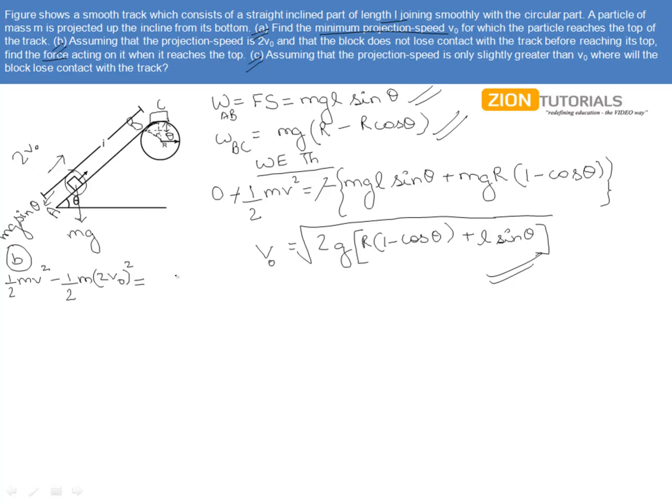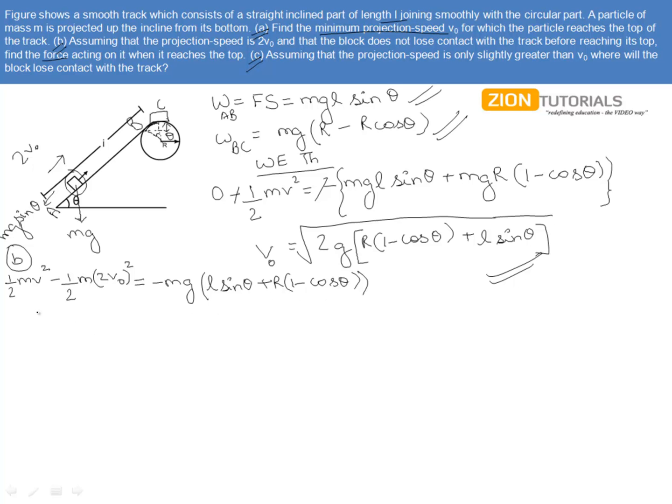So this is minus mg, because it is in the upward direction, that is opposite to the gravitational force, h being L sine theta plus r into 1 minus cos theta, right? This is the delta h actually.